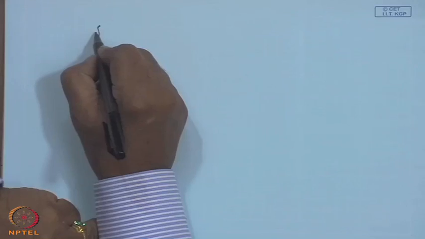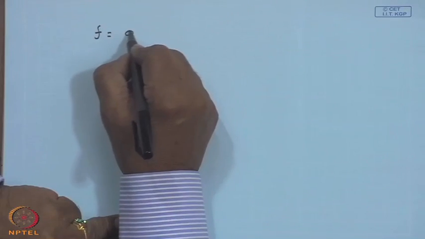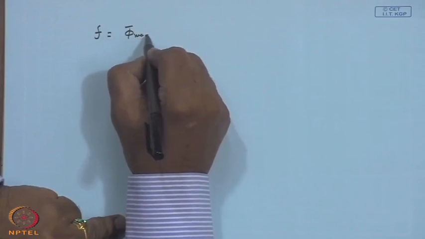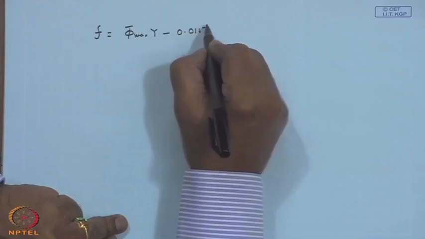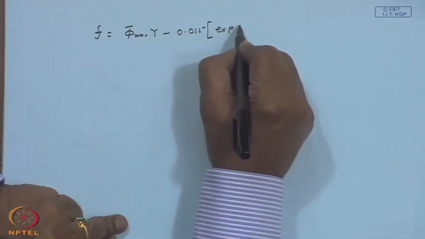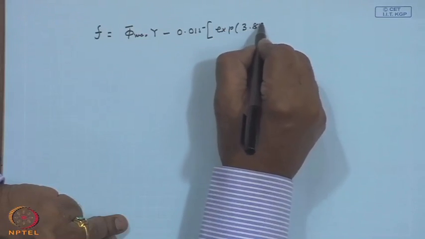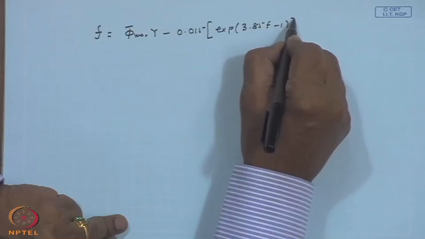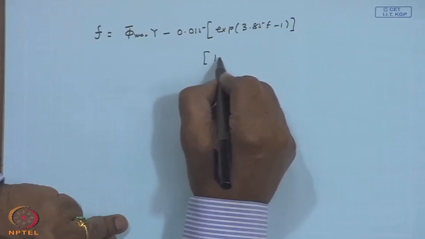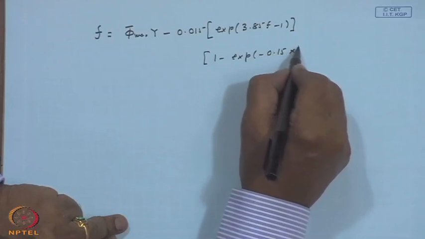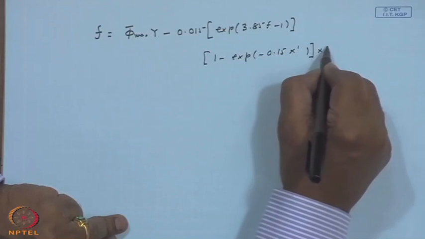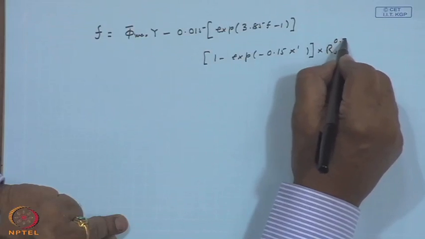Okay. We shall continue with the phi bar of chart method, and for the sake of continuity, the solar load fraction is given by phi bar max y minus 0.015 exponential 3.85 F minus 1 times 1 minus exponential minus 0.15 x dashed times R s to the power 0.76.